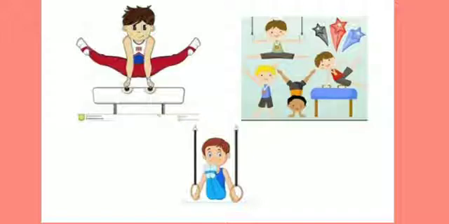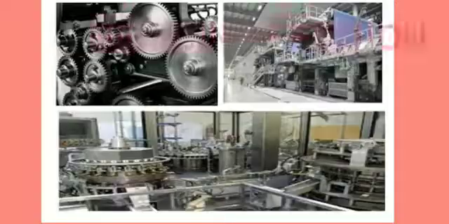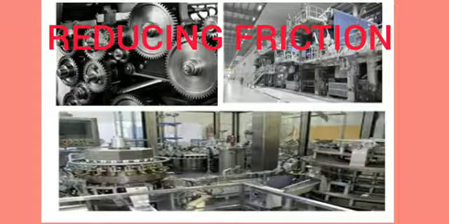Now let's talk some examples related to reducing friction. So one such example would be machines. As we discussed in the previous class, due to friction, lots of energy gets wasted due to heat.